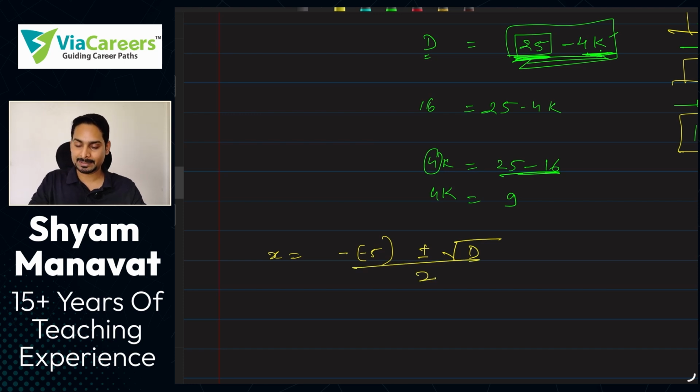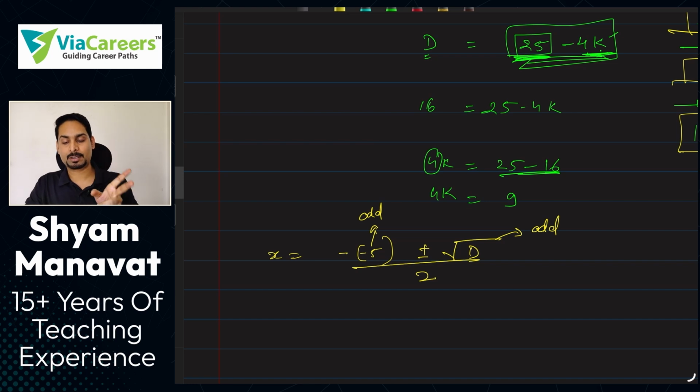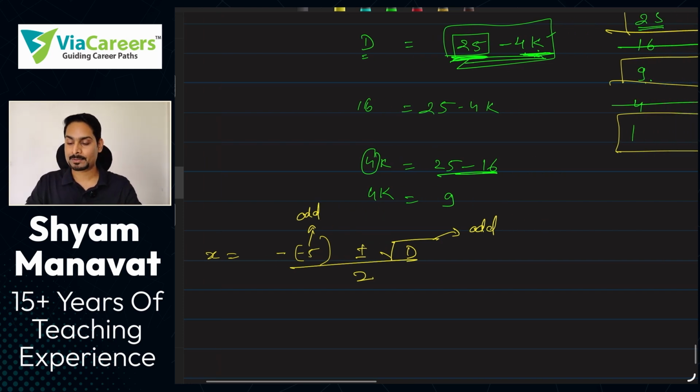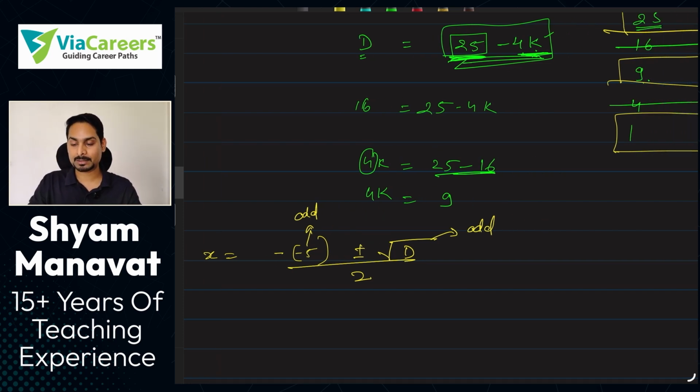So here this is an odd number. अब square root निकालने के बाद भी we need to have odd number. Only then we'll have odd plus odd as even, and that will be divisible by 2. Or odd minus odd is also even, that will also be divisible by 2, right? So root d should also be an odd number.